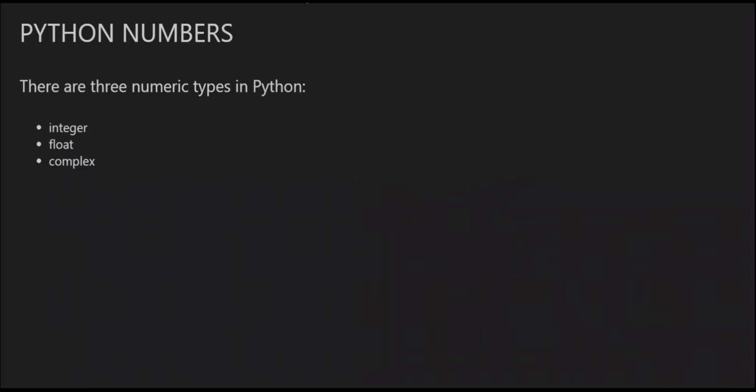Okay, next, variables of numeric type are created when you assign a value to them. I will explain clearly. First of all, in Python you do not need to declare a variable type before, like you do in other languages such as Java or C. Instead, Python automatically creates a variable of a certain type based on the value you assign to it.